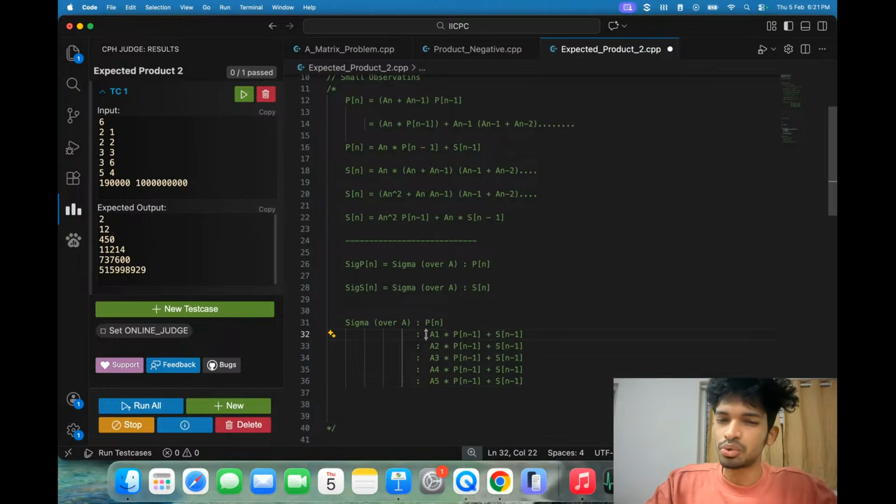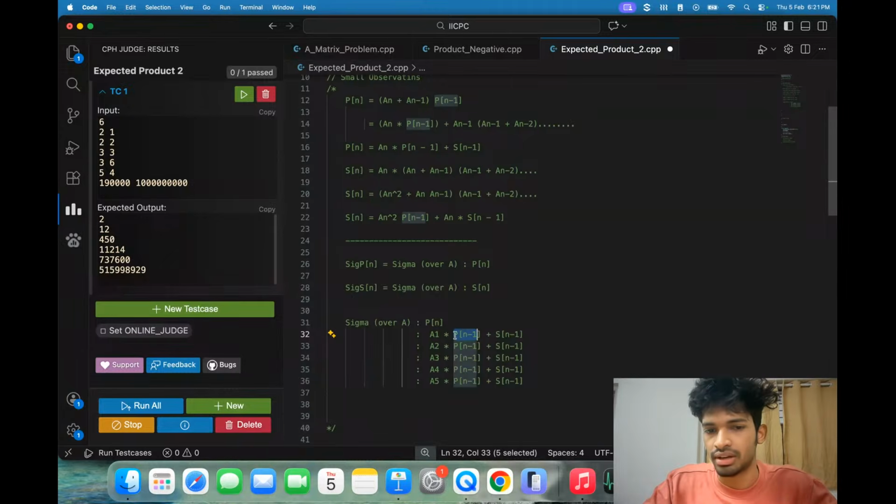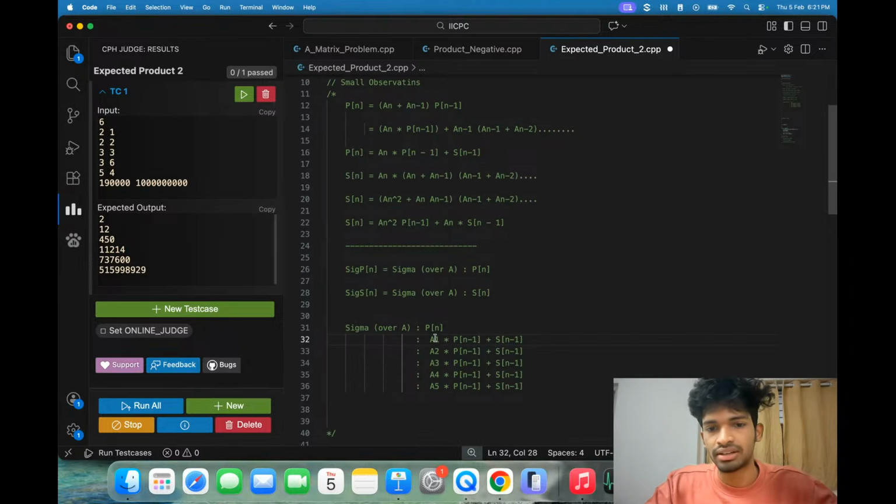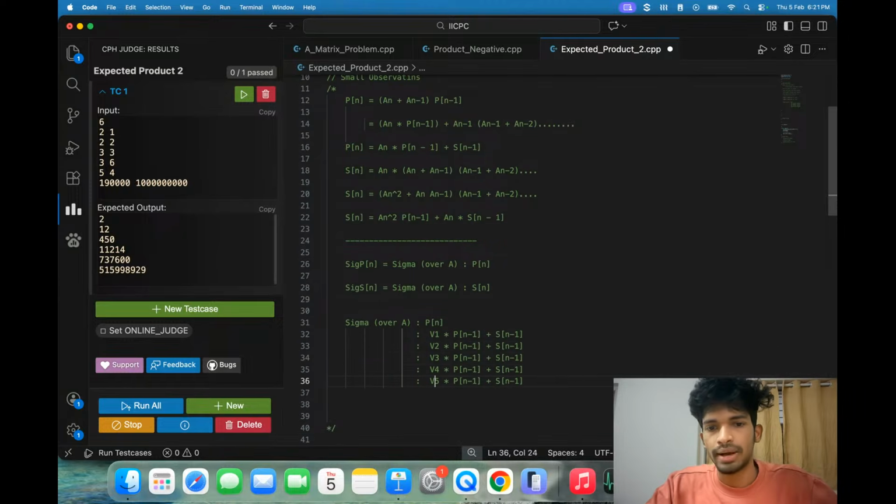So you're doing this for all arrays where a1 is fixed, and then all possible values for a2, a3 come here. You're only fixing a1 here. a1 and a2 is confusing now, but let it be v1, v2, v3, v4, v5. And now all possible values will take place here.